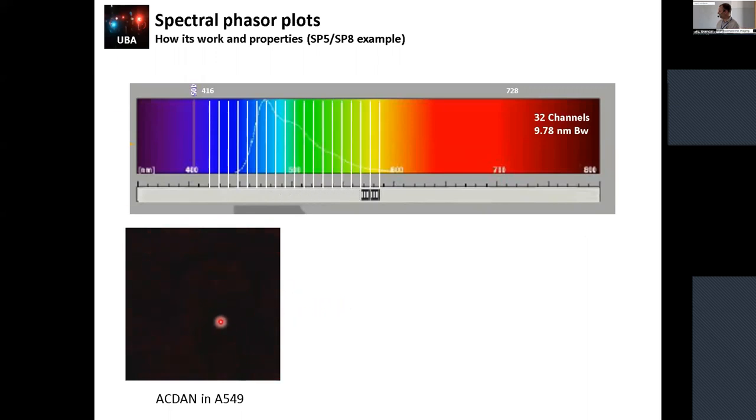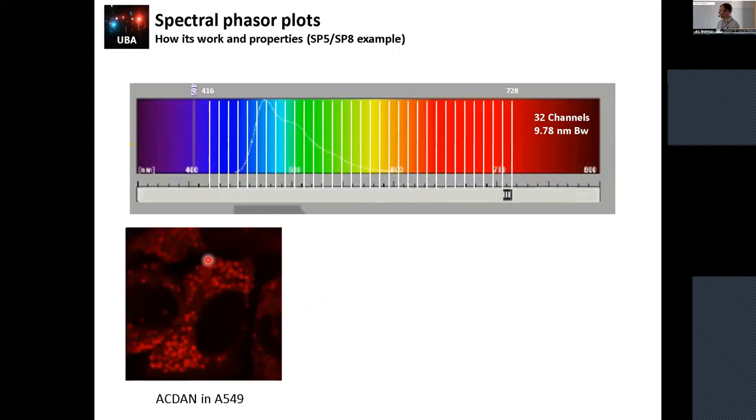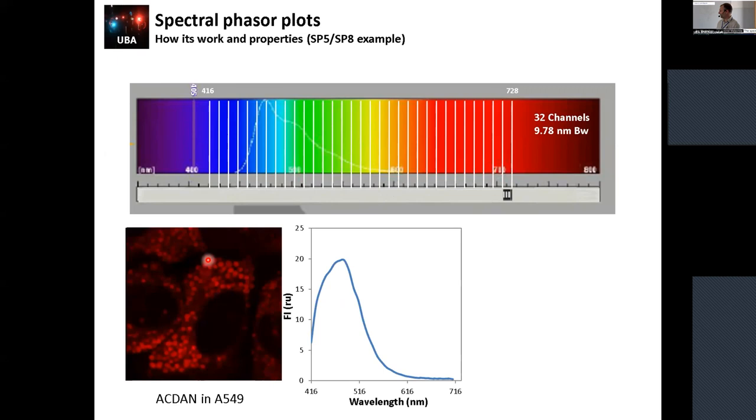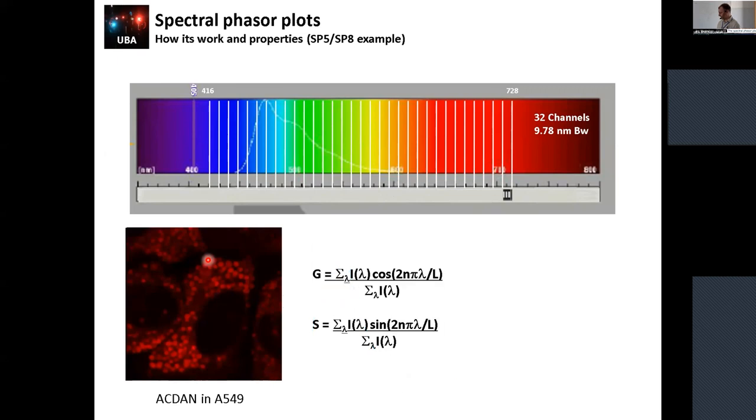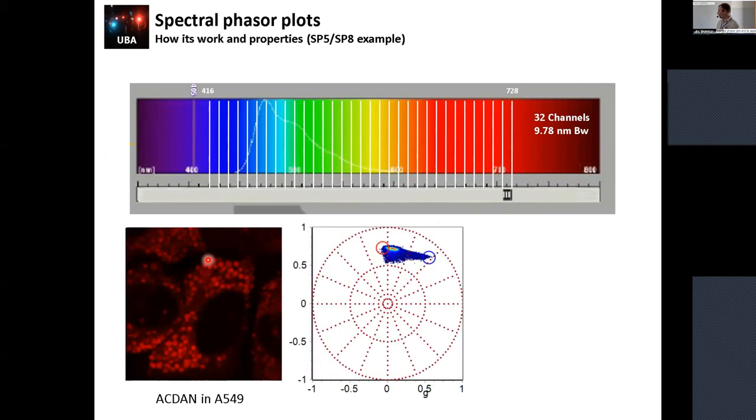You can see that there is a spectrum on this image, and you collect the spectra pixel by pixel, and then you calculate your phasor. Then you use a cursor selection here from purple to red, and you highlight with colors that correspond to the different linear combinations.